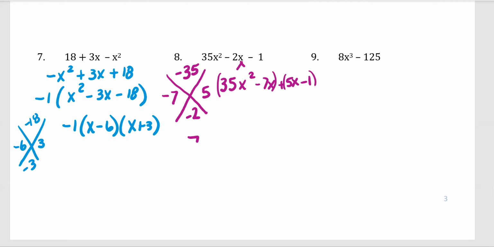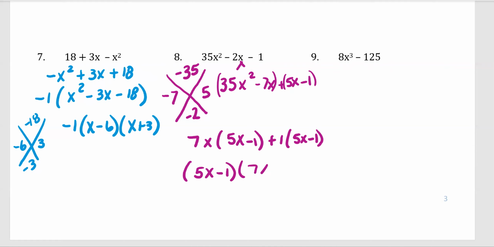Take out the greatest common factor. I like to factor out my greatest common factor of 1, because then when I write it as 2 factors, it helps me see that it is 7x plus 1.